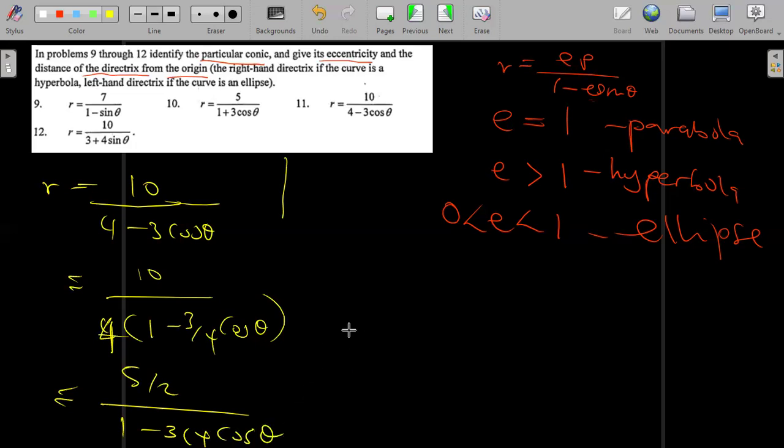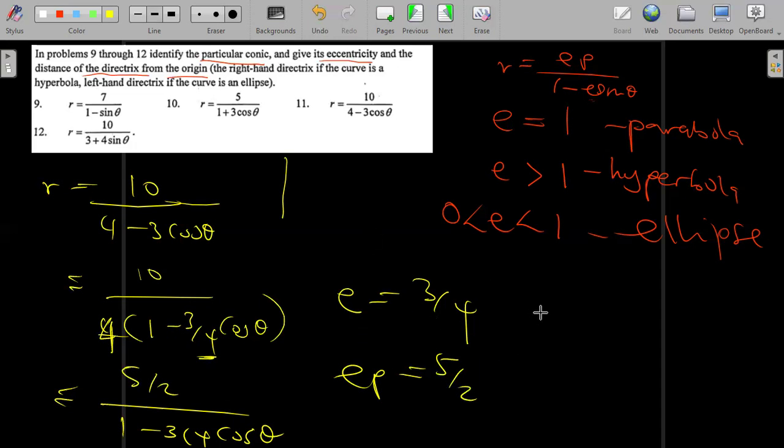And this just tells you that your eccentricity is this value here, which is 3 over 4. Then you get that your EP is 5 over 2. And that's your EP. Then you can replace them now.